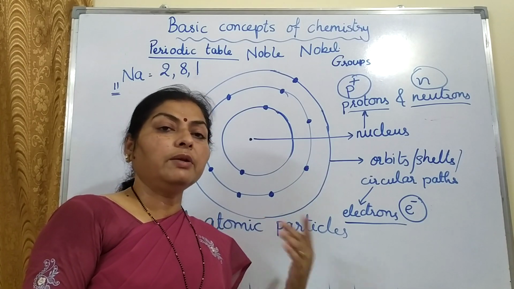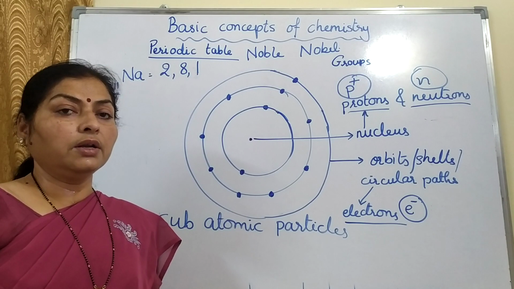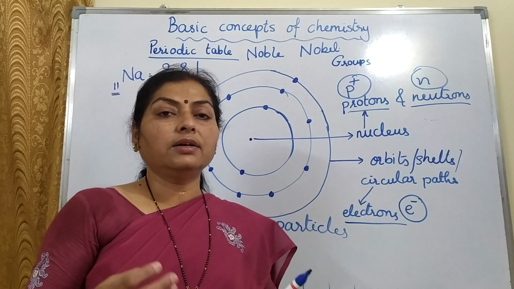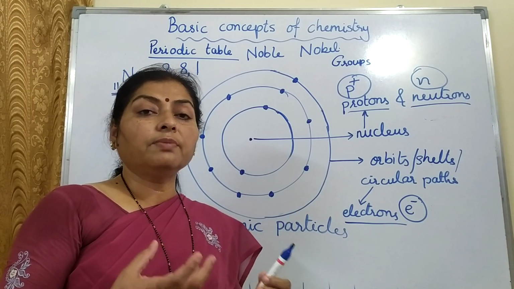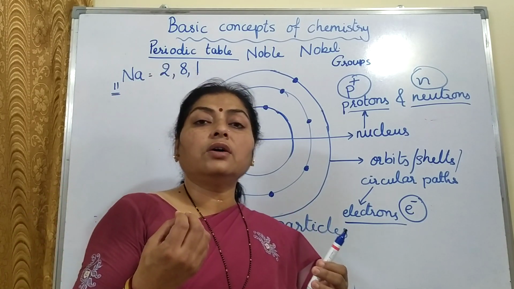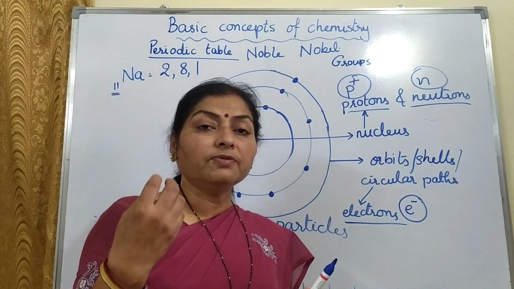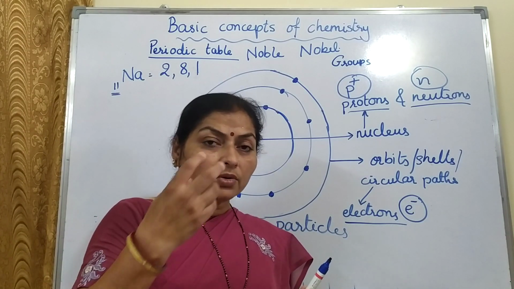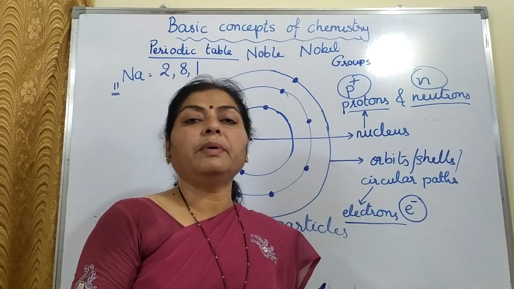And one more thing, there are certain common names which you have to remember of certain compounds, like methane is also known as marsh gas, and calcium carbonate is obtained in the form of limestone, or also in the form of chalk and marble. These common names of some chemicals you should remember.